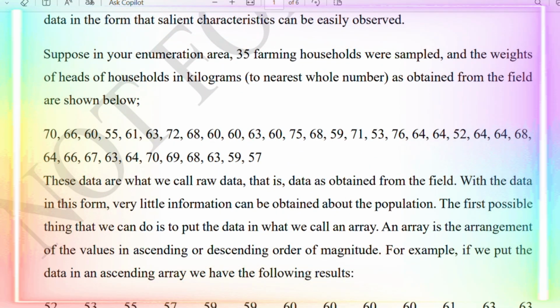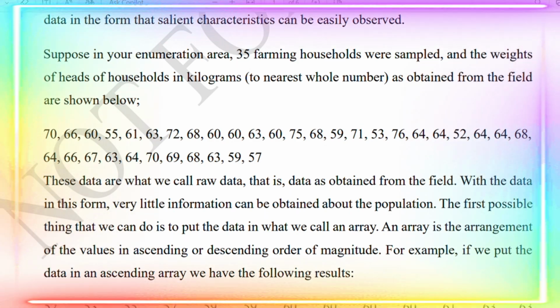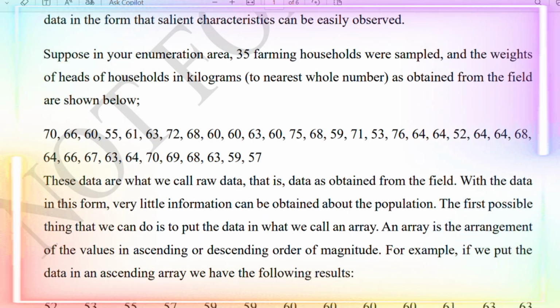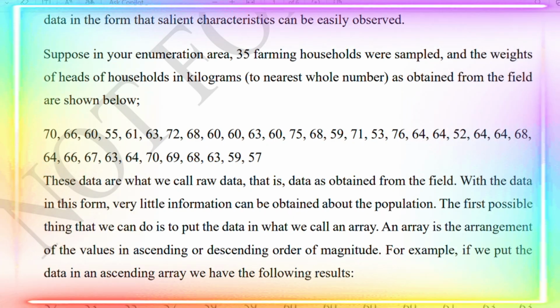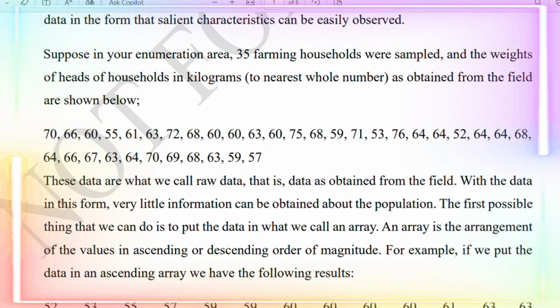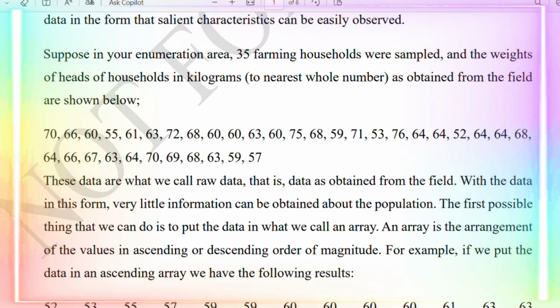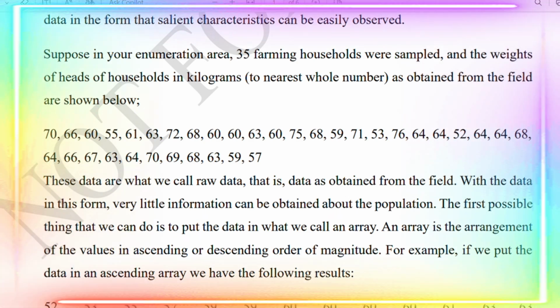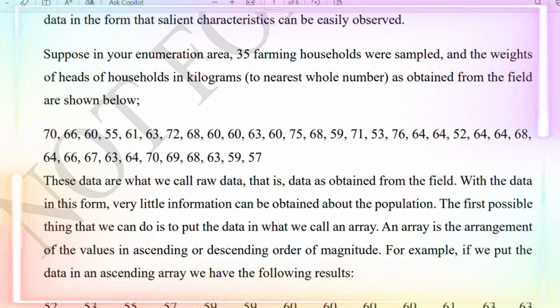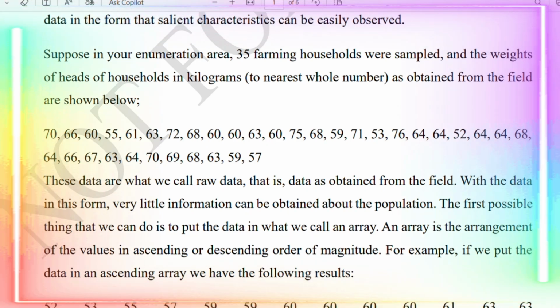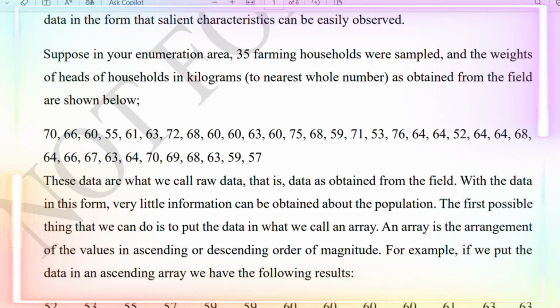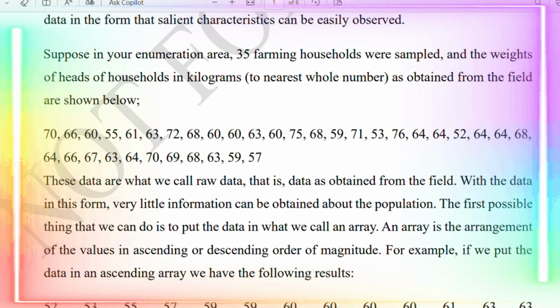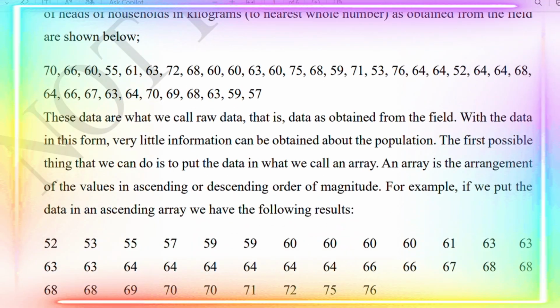So we have the first head of the household weight to be 70 kg, the next person 66 kg, 60 kg, and so on and so forth. If you look at the numbers, we have 35 observations, which represents the weight of the head of households in kilogram to the nearest whole number.